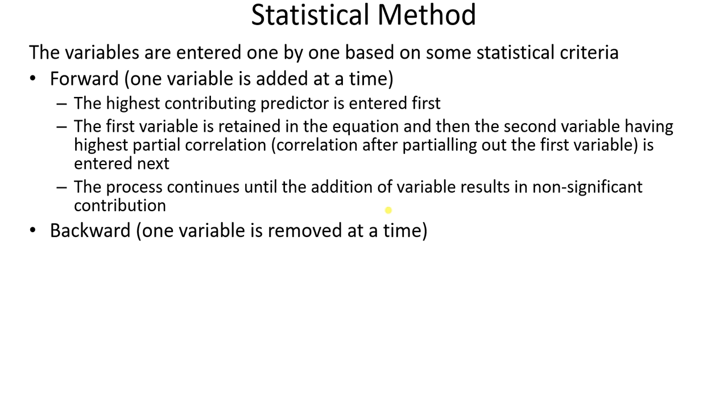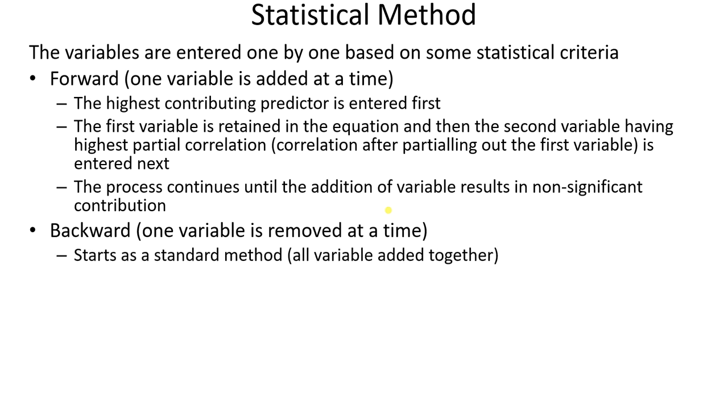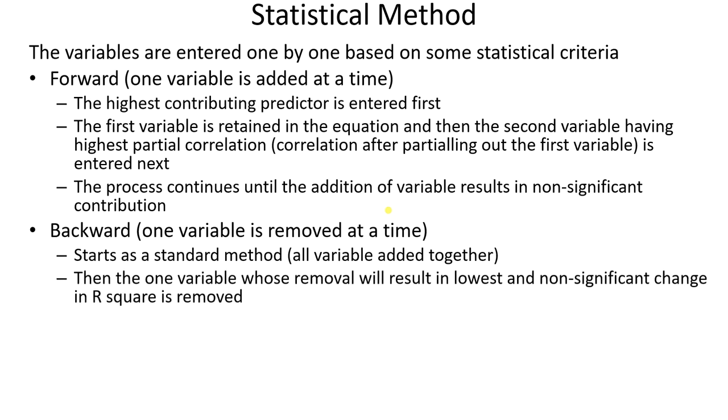In this method, all the variables are entered in the equation simultaneously, like the standard method, and then we start removing one variable at a time. Therefore, it is called backward elimination. So we start as standard or simultaneous, all variables added together.